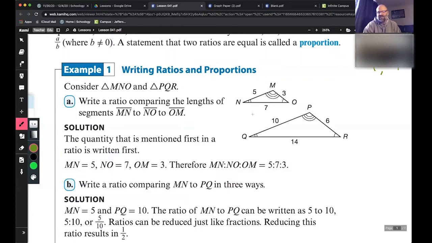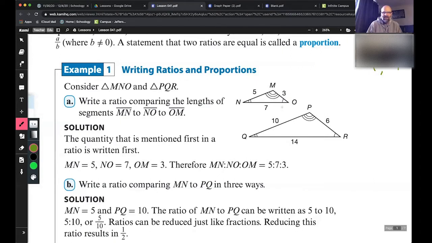So these are similar triangles. They are proportionate, so all the sides are proportionate to each other. Do you see how the ratio of the sides is like 5 is to 10, as 3 is to 6, as 7 is to 14? All the side lengths are twice as long as these sides.